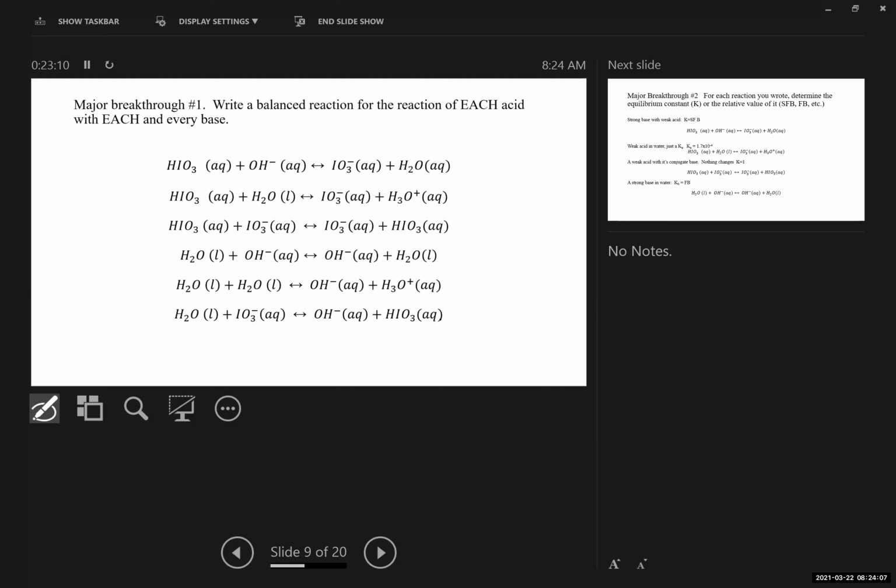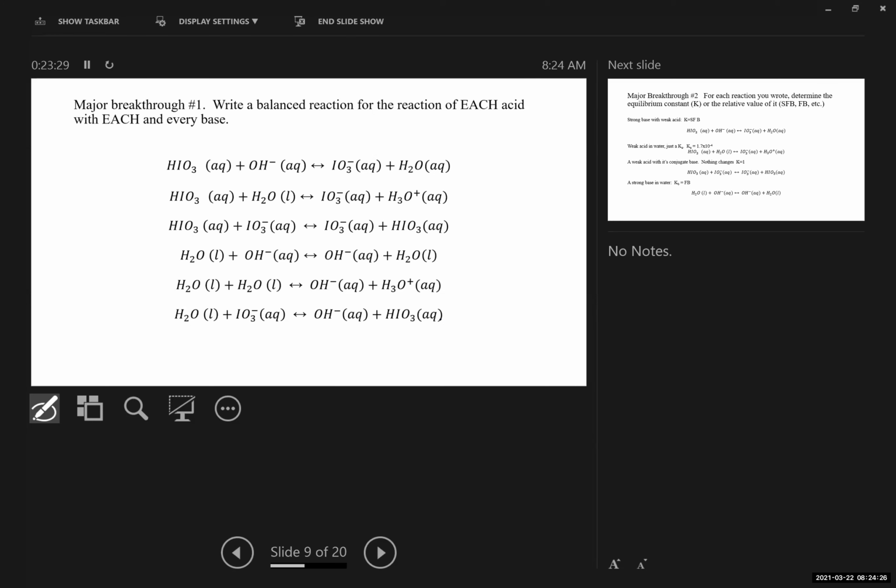Well, find all the Ks, right? Because again, I'm going to solve them biggest K to smallest K, right? And again, some of these I know virtually off the top of my head. Others I might have to calculate.